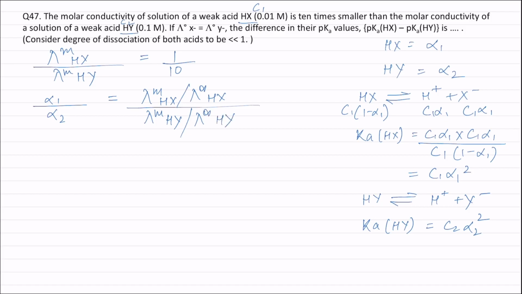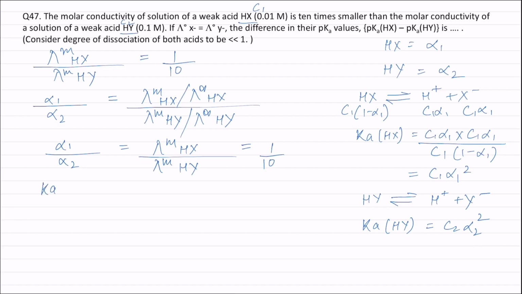Now since the limiting equivalent conductance of X minus and Y minus ions are same, therefore equivalent conductance at infinite dilution of HX and HY will also be same. Therefore alpha 1 by alpha 2 will be equal to molar conductivity of HX divided by molar conductivity of HY, and this is equal to 1 by 10.